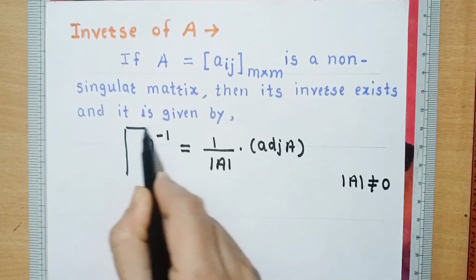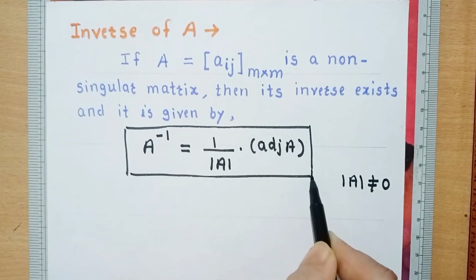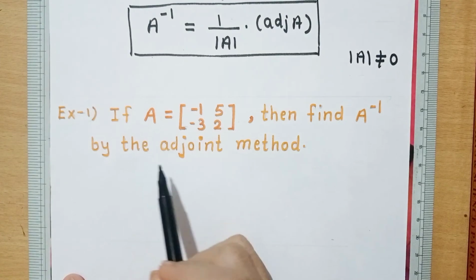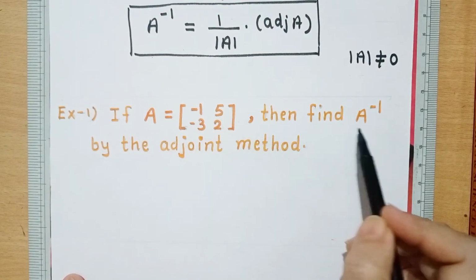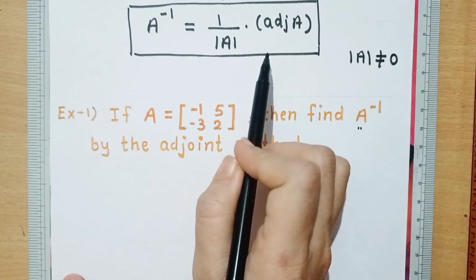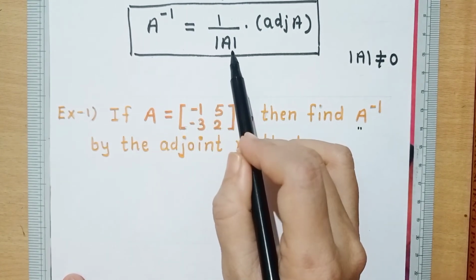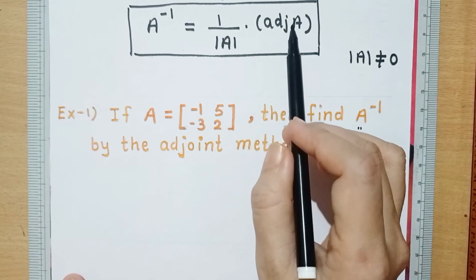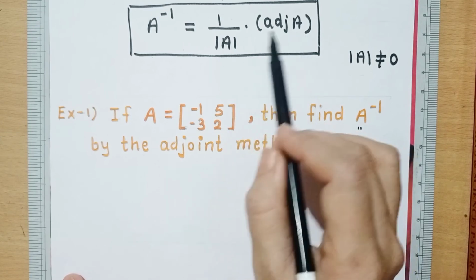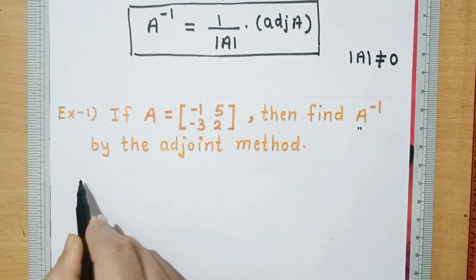So we will use this formula and find A inverse by using the adjoint method. This is our first example to find A inverse, and this is the formula. So first we will find the determinant of A, then we will find the adjoint of A, and then we will substitute these two things in this formula.